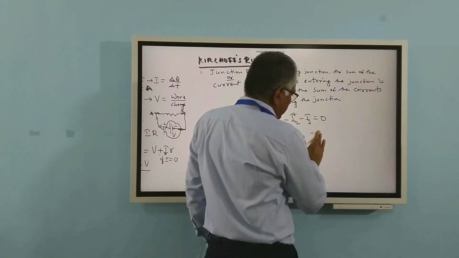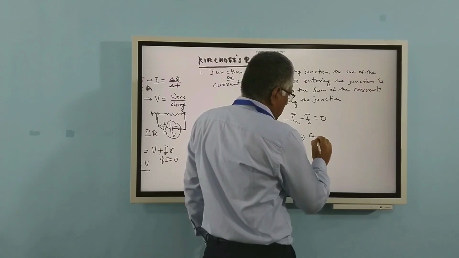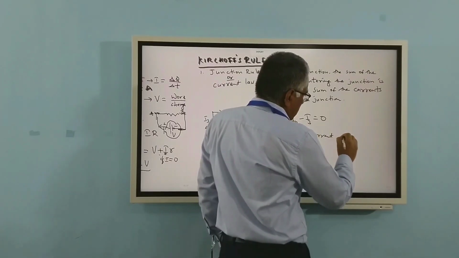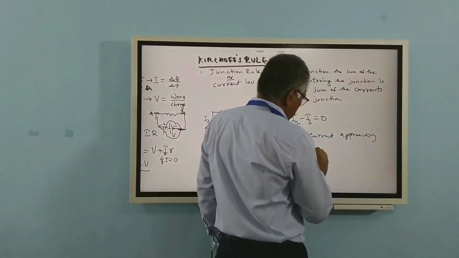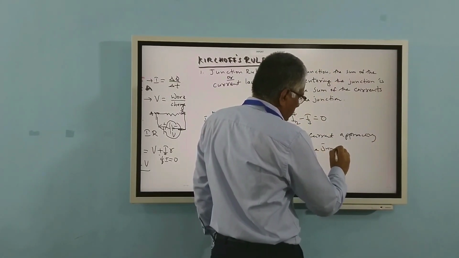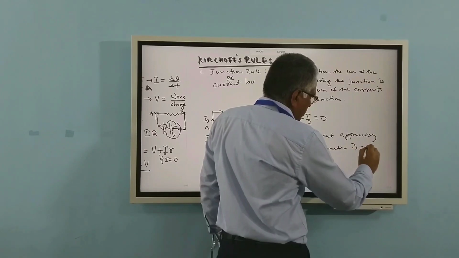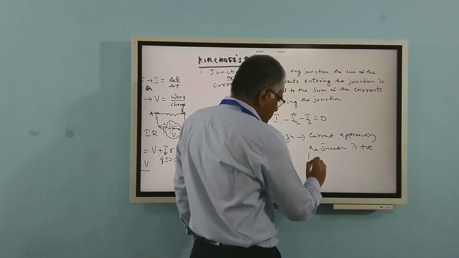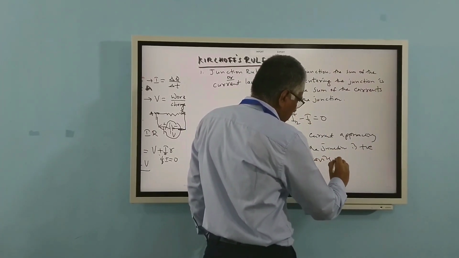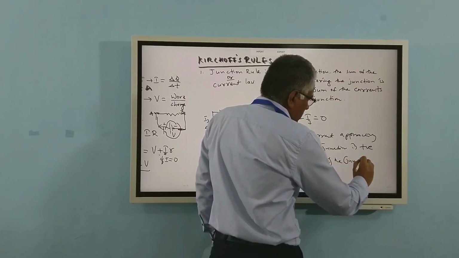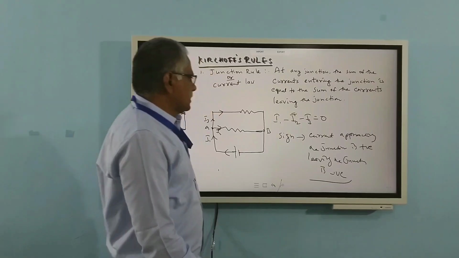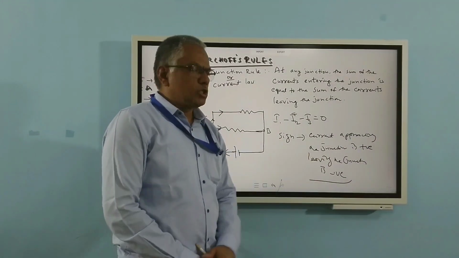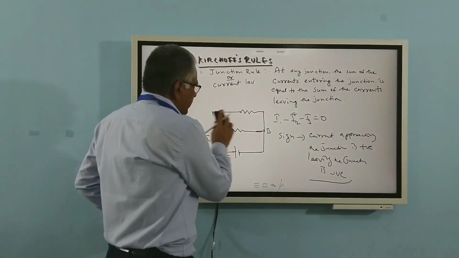Approaching the junction is positive, and leaving the junction is negative. The sum of these currents will be equal to 0. Like this, we can write for any number of currents.